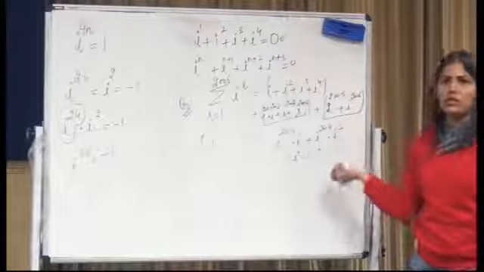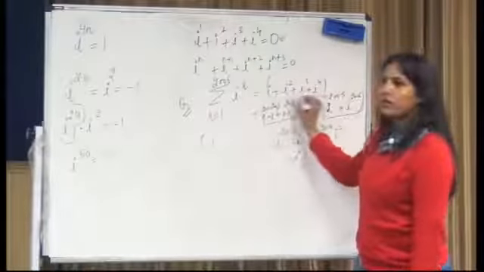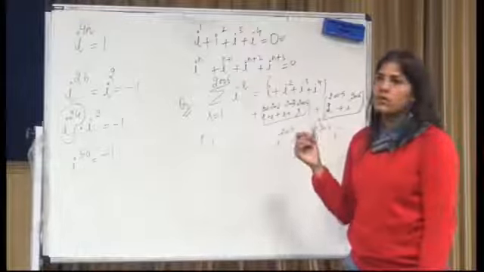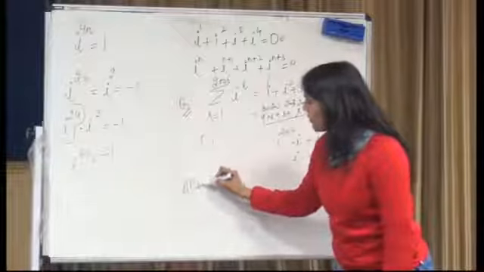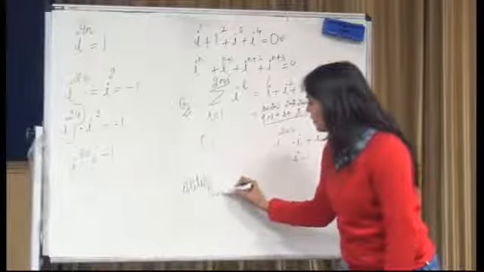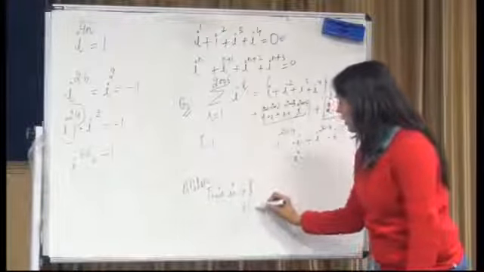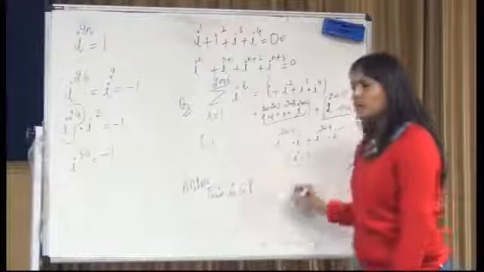Now any sum you can calculate. Another method for this question is that this is basically a GP. You can apply the GP formula also, sometimes that helps. The GP sum is basically a times 1 minus r to the power n upon 1 minus r. If you calculate this, you will get the answer.